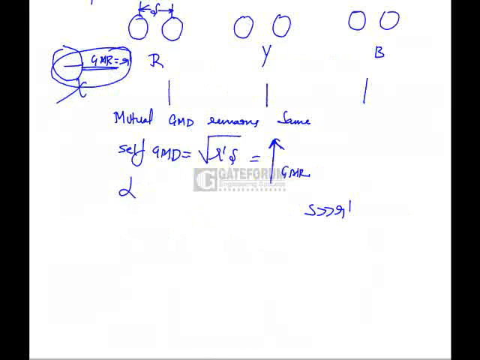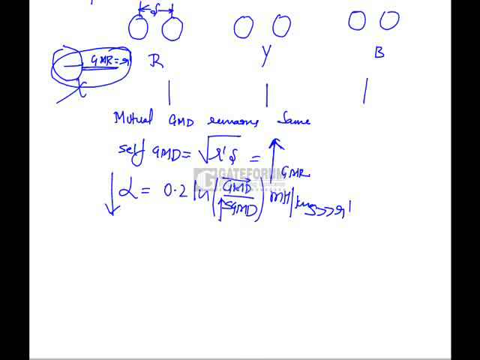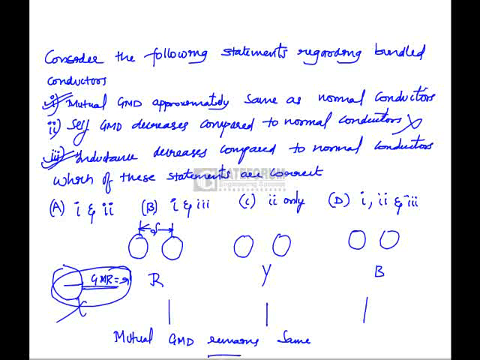The inductance equation is L equals 0.2 log of GMD by self GMD, in millihenry per kilometer. Since GMD remains the same and self GMD is increasing, inductance decreases. So the third one is also correct. So statements 1 and 3 are correct, and option B is the right answer.